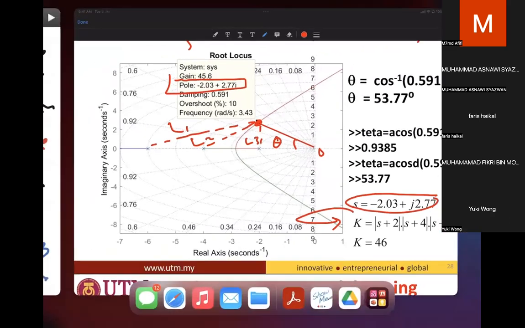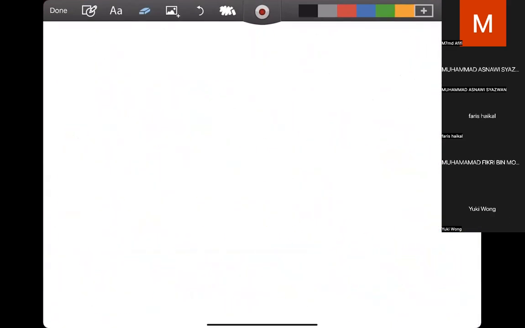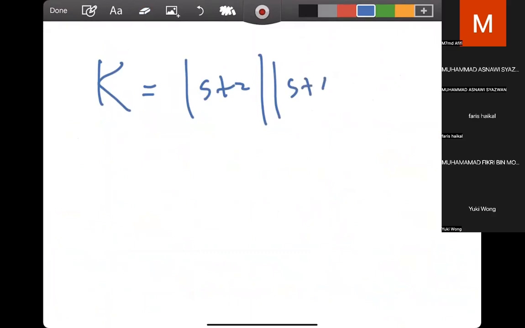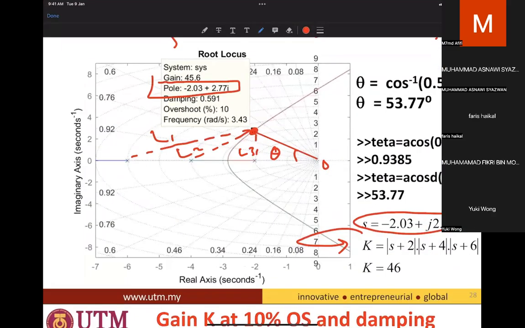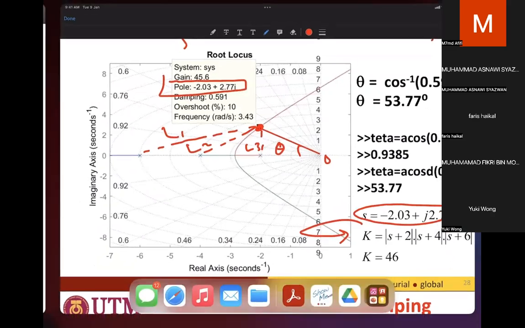Okay, do you understand? Like this. K is equal to the magnitude of S plus 2, S plus 4, S plus 6. Then the value is minus 2.03.